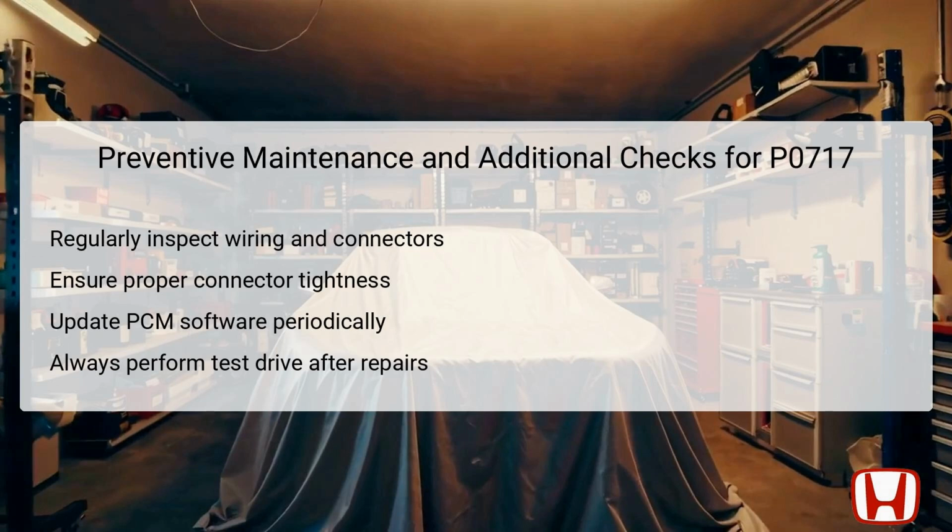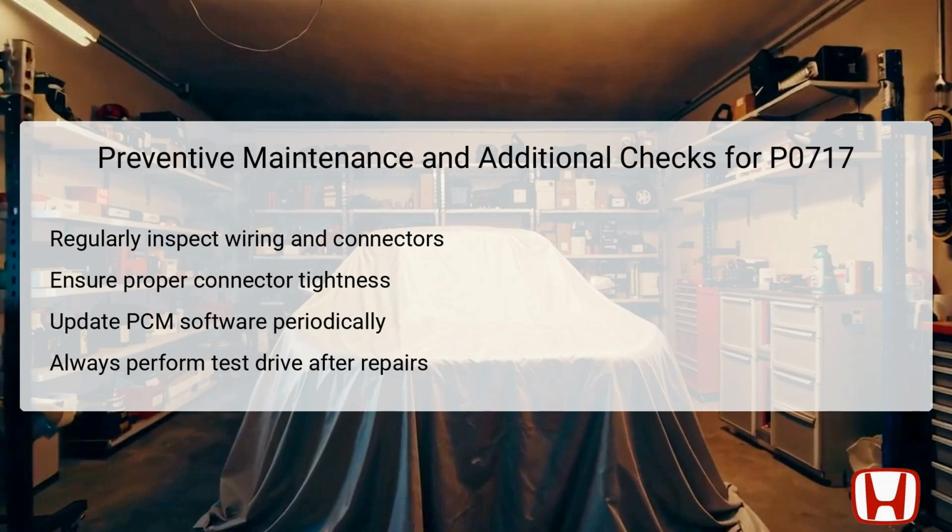Preventive measures involve routine inspection of the wiring harness and connectors associated with the turbine speed sensor circuit to prevent corrosion, damage, or looseness. Maintaining tight connections ensures reliable signals and reduces the likelihood of false DTCs.